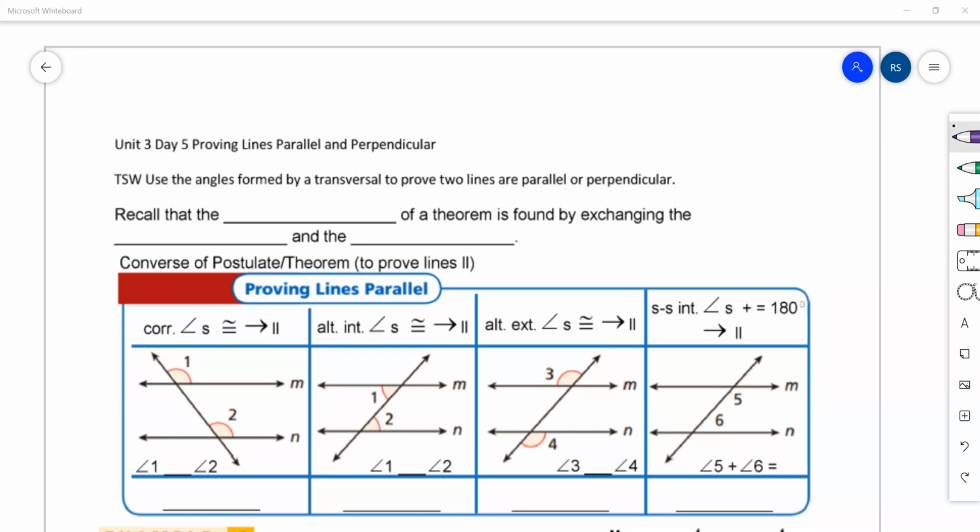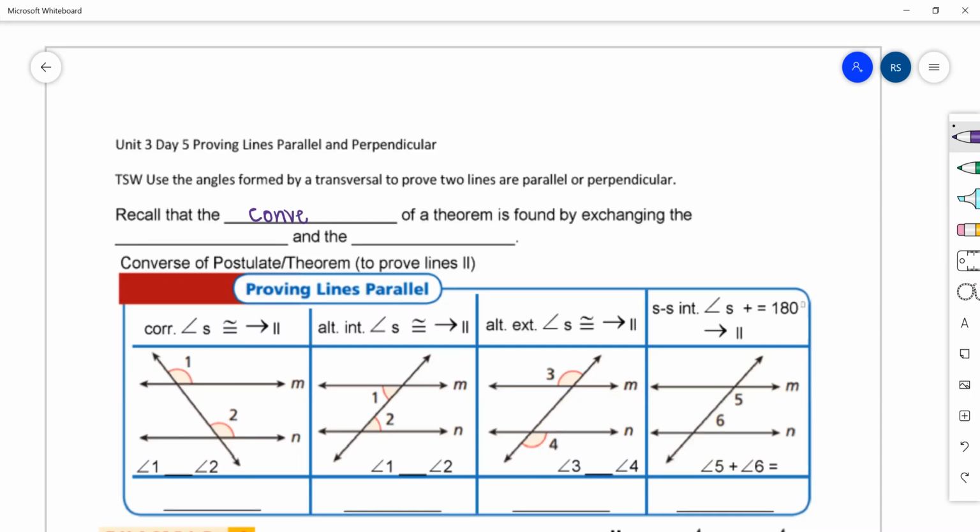you'll recall that the converse of a theorem is found by exchanging the hypothesis and the conclusion. So we would start with the normal theorem.